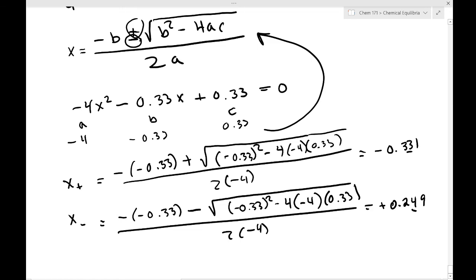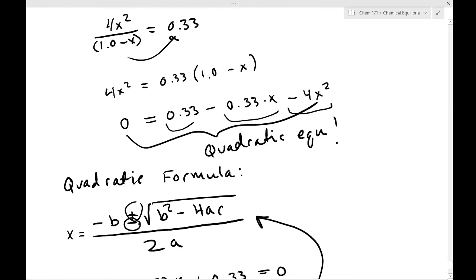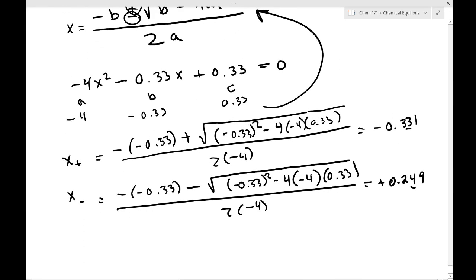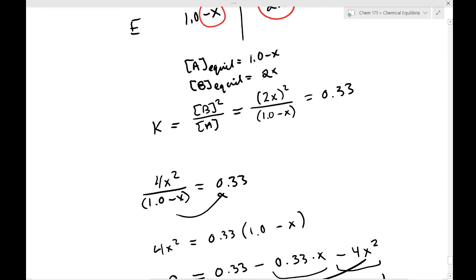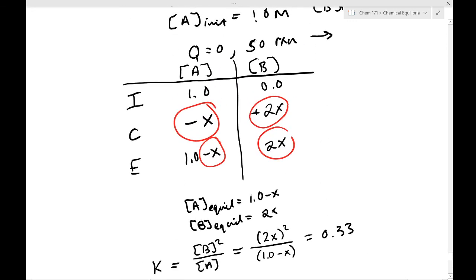Now, we have two values here, -0.331 and positive 0.249. We can't have two answers, so which one is true and which one is not? If we look up at the top, we see that we have 2 times x adding into b, and if x is a negative number, that means we're actually taking away 2 times x from b.